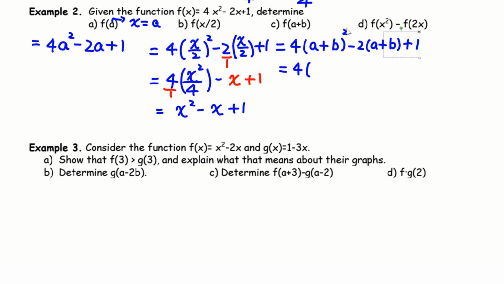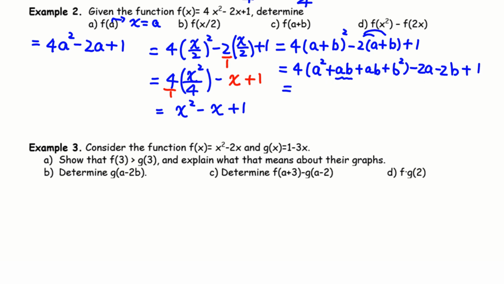So a plus b times a plus b, you are going to have a squared plus ab plus ab plus b squared. Then minus 2 times a, 2 times b. Minus 2a minus 2b, then plus 1.